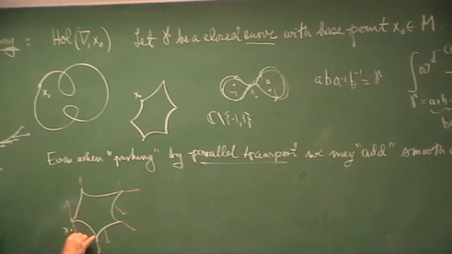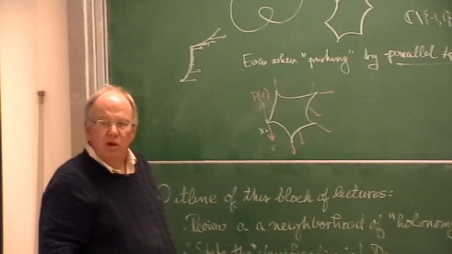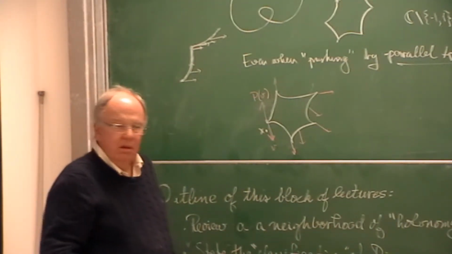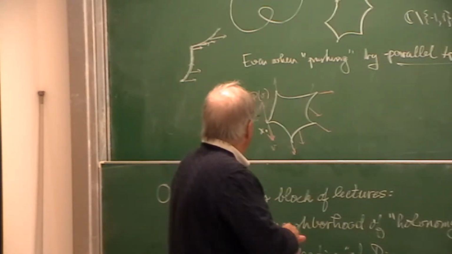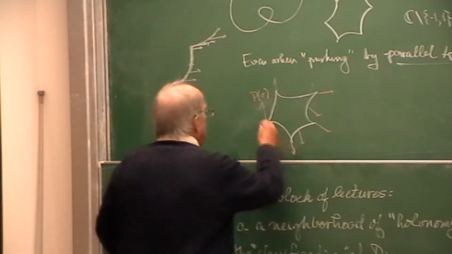If you start here with that vector v, and you push it by parallel transport along this thing, you get, let's call it P of v, the parallel transport of v around this sum of curves. And we'll call this curve gamma.